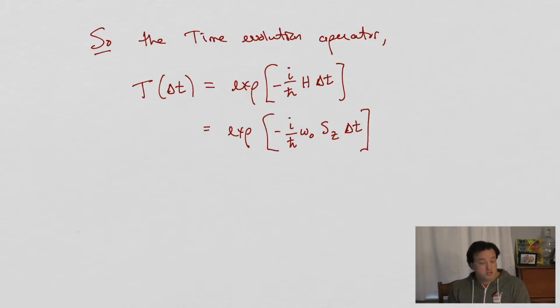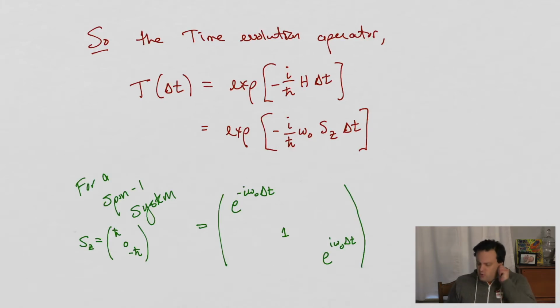Now, often people will just write t here, which is actually totally fine as long as you remember that you're starting at 0. Then tf minus ti, if ti is 0, is just given by tf, which you might as well call t. But I do want to remind us that the time evolution operator really gives us some jump forward in time, and that's why I'm going to keep around the delta t a little bit longer than your book does.